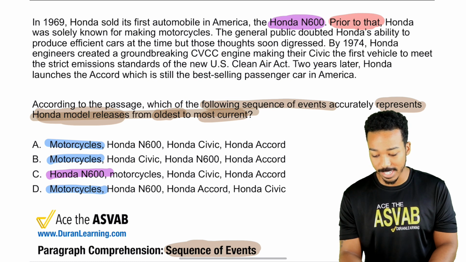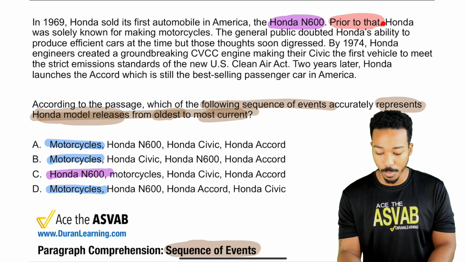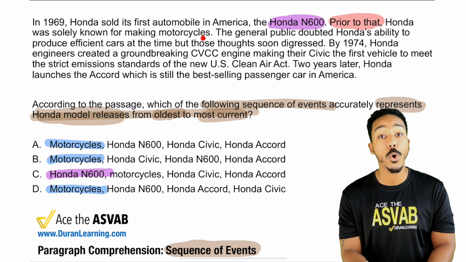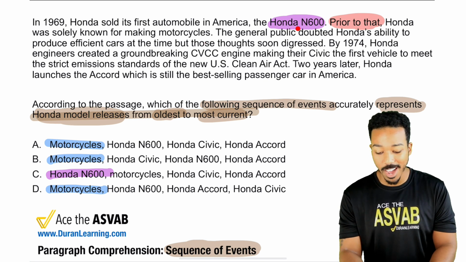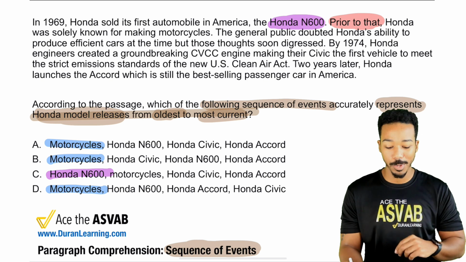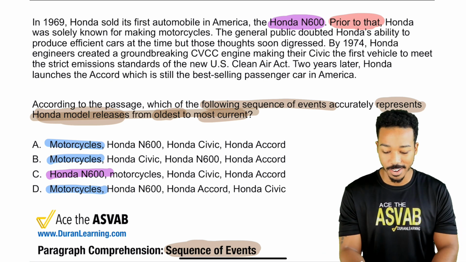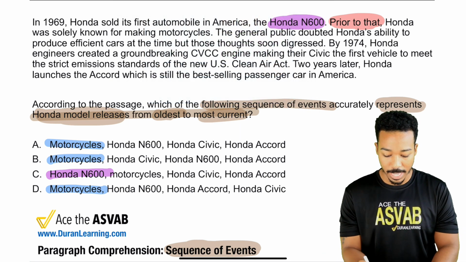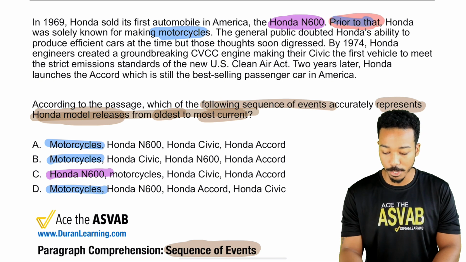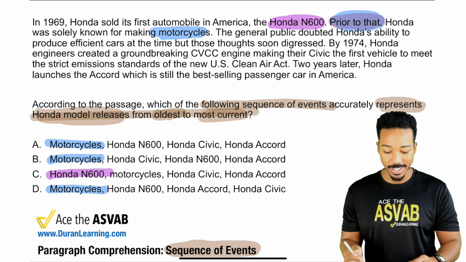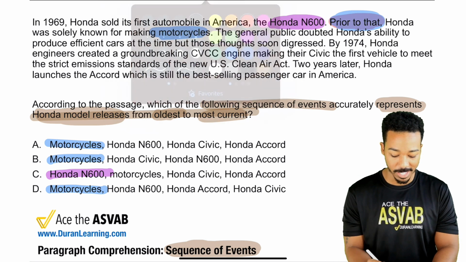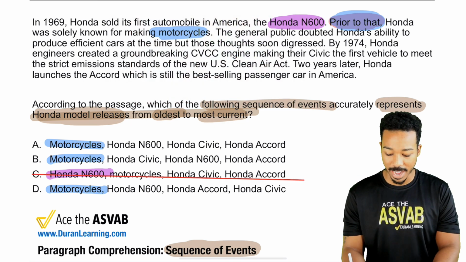Before the Honda N600, we see that Honda was solely known for making motorcycles. There you go. So before the Honda N600, Honda was making motorcycles. Right there. So what that tells me is that motorcycles came first because of that phrase right there, "prior to that." And we can happily look at answer choice C and say bye-bye.